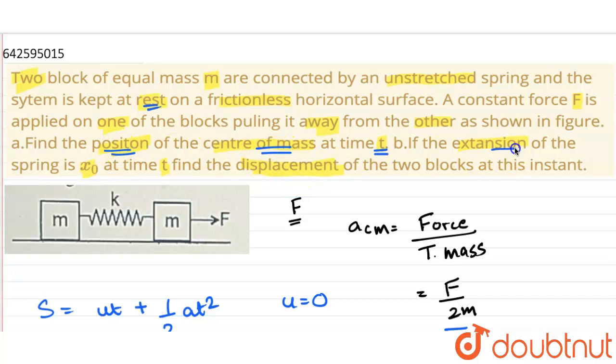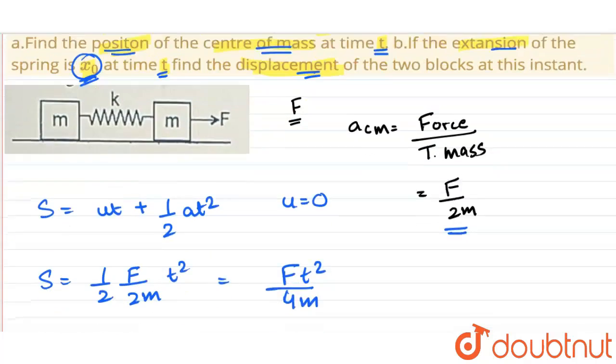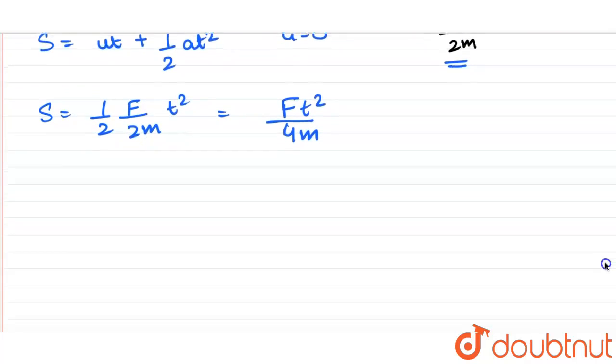Now if the extension of that spring is x0 at time t, find the displacement of the two blocks. Now extension is given to be x0 at this time t. Now we need to find the displacement of the two blocks.